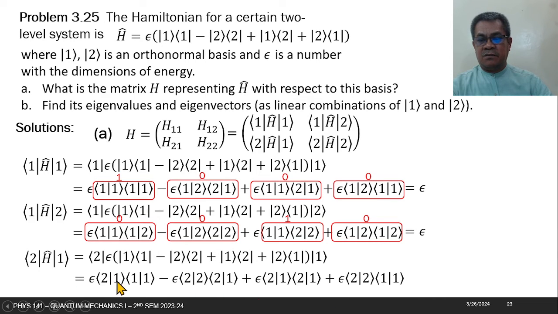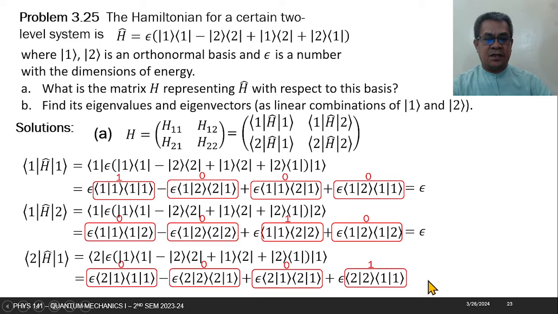Do it the same: this is 0 because of different states, orthogonal, and this is a different state. This is also 0. This one is also 0 because this is a different state. So therefore this is 0 and this is 1. Again, the result is epsilon. So the three elements are the same, epsilon.